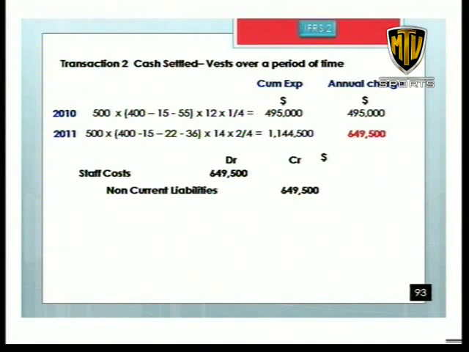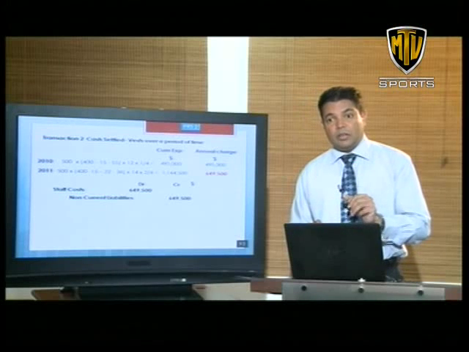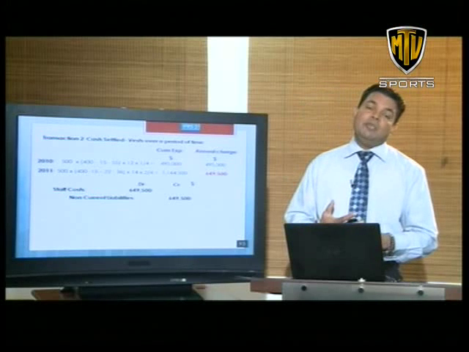Now why I mentioned that is, even the cash settled scheme is very much similar. It operates the same way, but at the end of the day there is a cash payment involved. So when you account for it, you take it as a liability and debit your expense. In an equity settled scheme you took it as a reserve, but here you take it under liabilities.